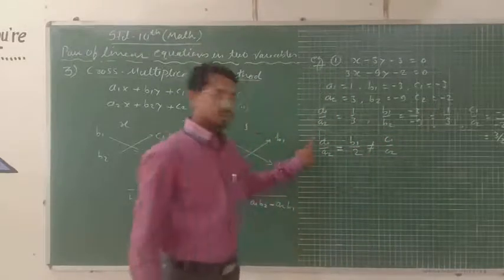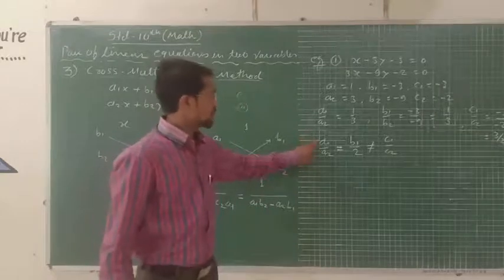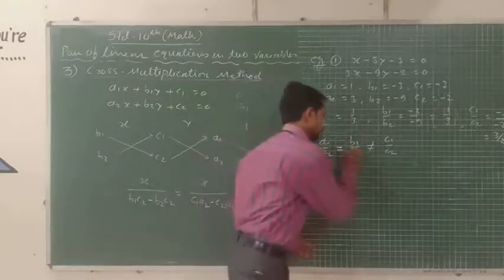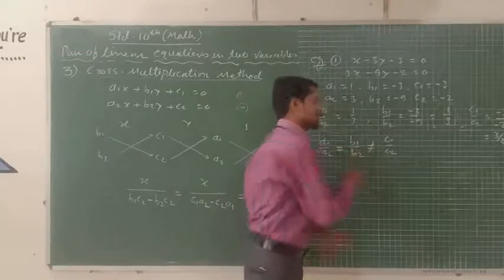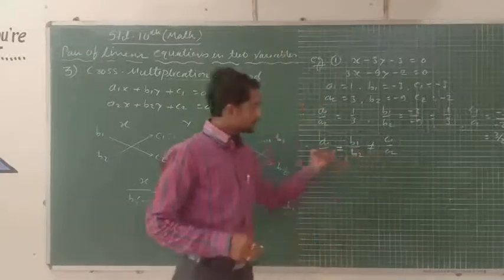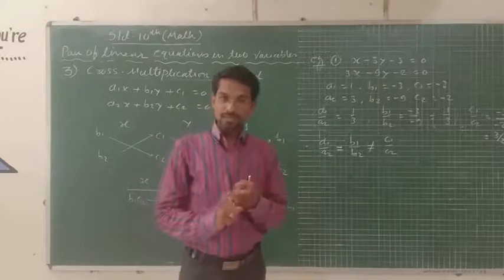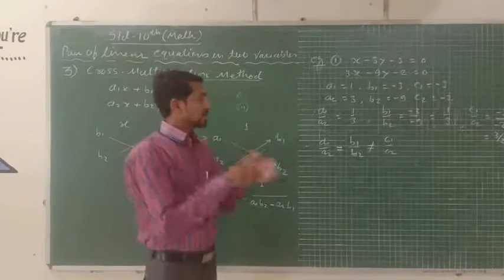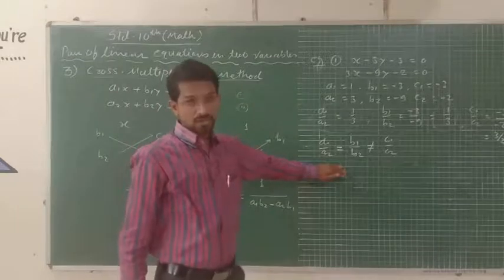This condition is there. You know very well that a1 by a2 is equal to b1 by b2 but is not equal to c1 by c2. It means the lines are parallel, so there is no solution.